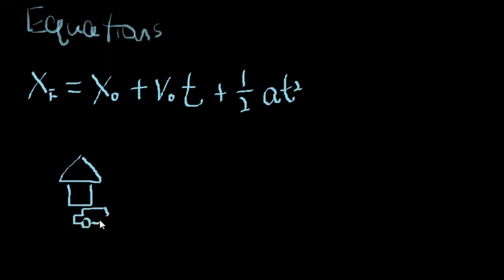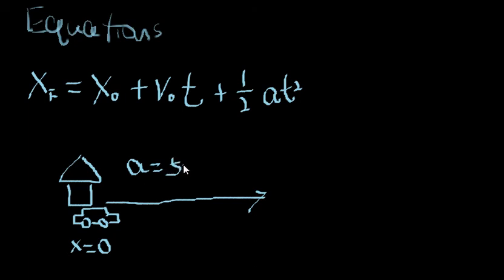Let's say this car starts from rest, starts accelerating with a equals, let's say, 5 meters per second squared, and it moves for, let's say, 10 seconds. So how far is it from the house?